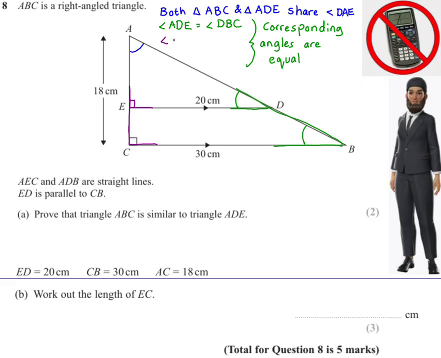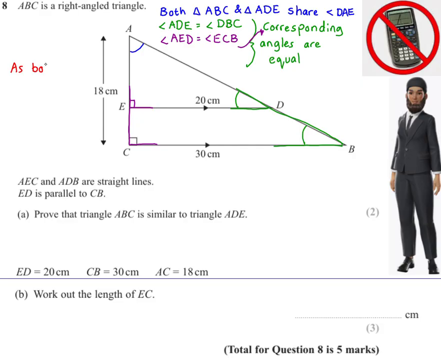So it's going to be angle AED is equal to angle ECB, and it's the same rule. It's basically linked to the same rule over there. Corresponding angles are equal.